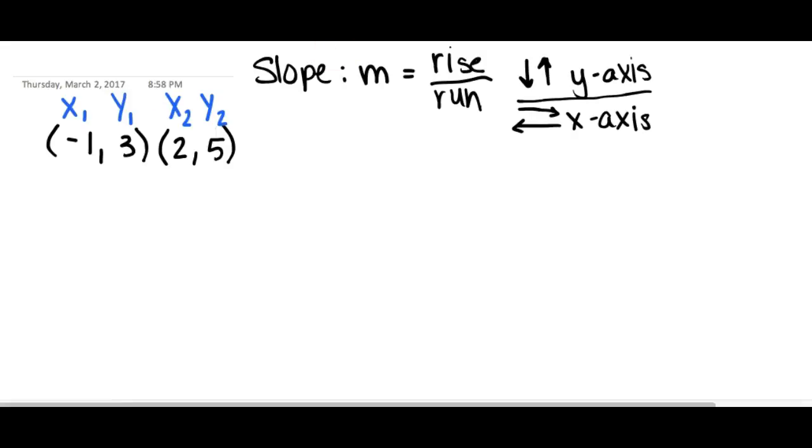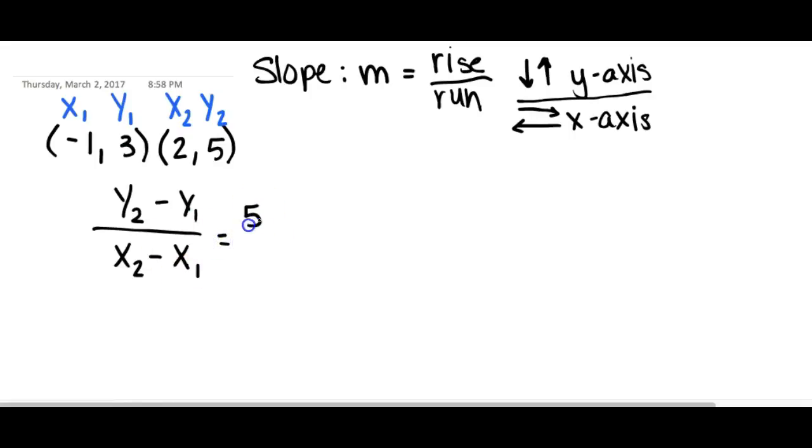Our rule for finding slope from these two points: we take the second y, so y2, and we subtract y1, and then we put that over x2 minus x1. Remember, slope is rise over run, which is why we do the y's on top and the x's on the bottom.